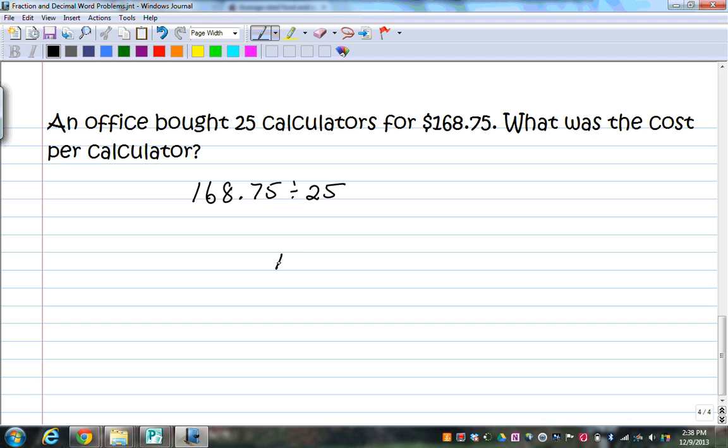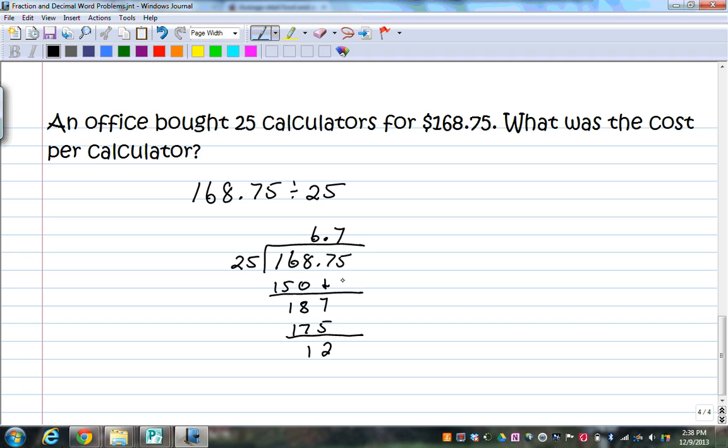I'm going to do 168.75 divided by 25. 25 doesn't go into 16, it goes into 168, though, 6 times. 6 times 25 is 150. And I'll subtract. 25 does not go into 18, which is good. I bring the 7 down, goes into 187. 7 times, I don't want to forget to bring my decimal straight up, 7 times 25 is 175.